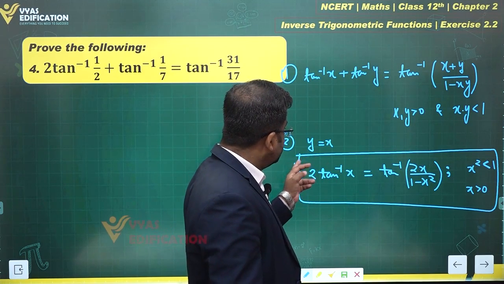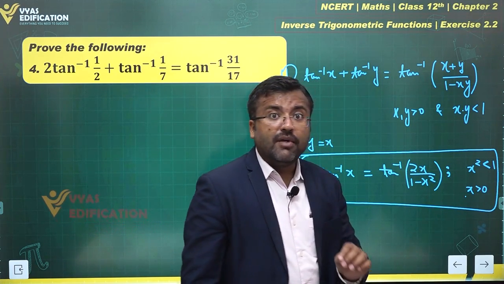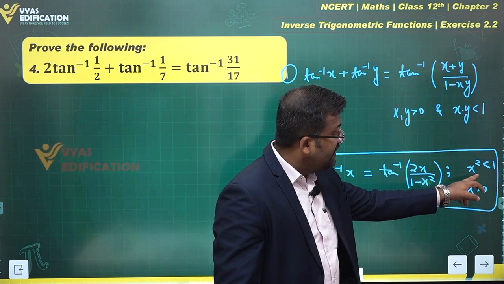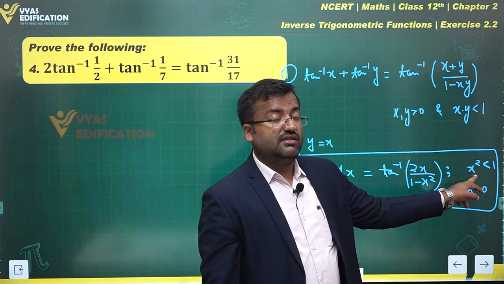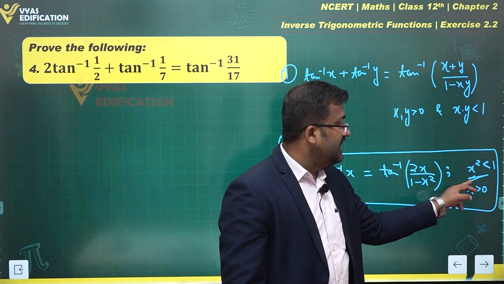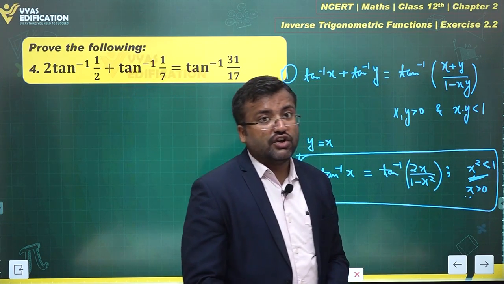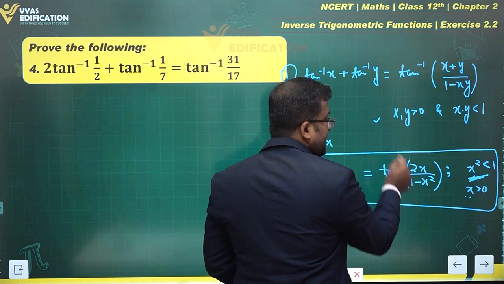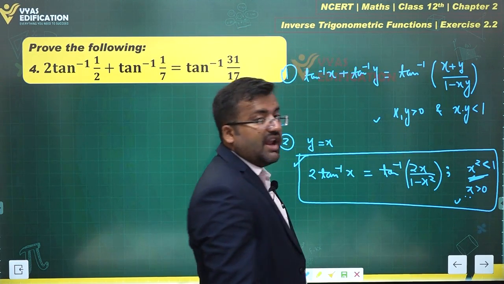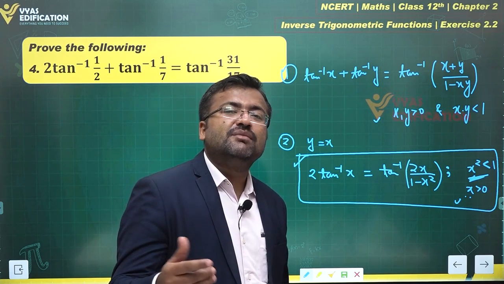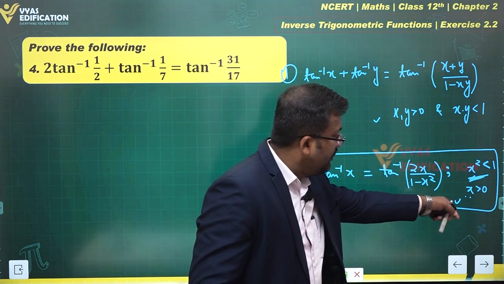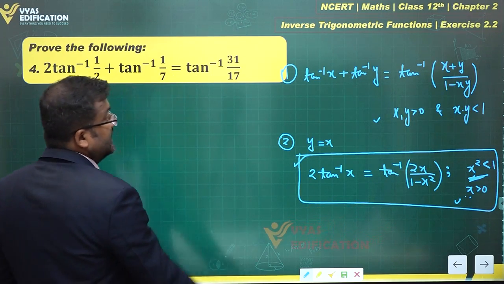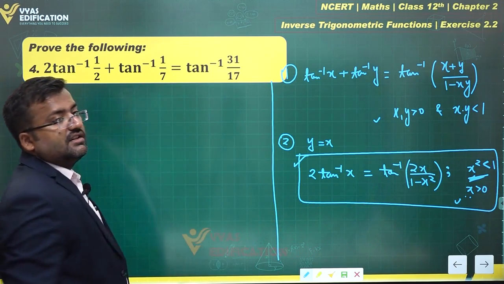But remember this along with this. Mind you, this result is true for x less than 0 as well, wherein x square should be less than 1. This is still important, but x less than 0 can also work over here. So if you are remembering this result, then a similar result can be remembered in this manner, or you can skip that x greater than 0 over here, since x less than 0 will not make much of a difference in the final result.